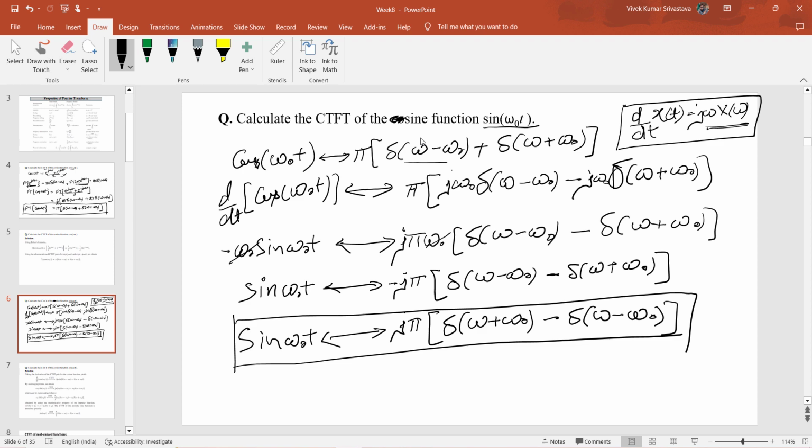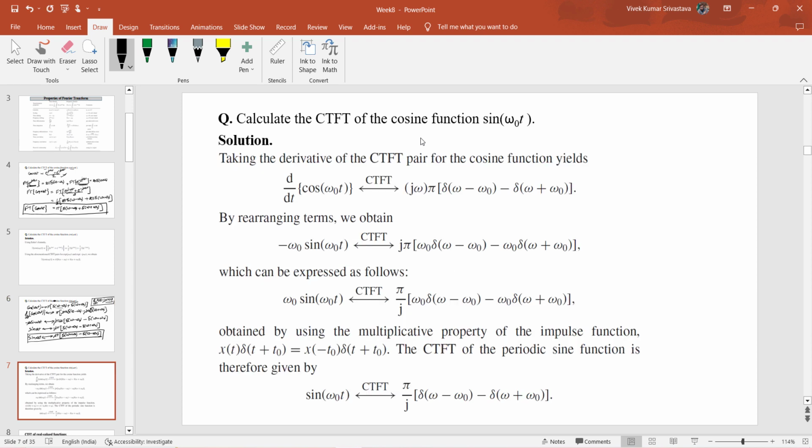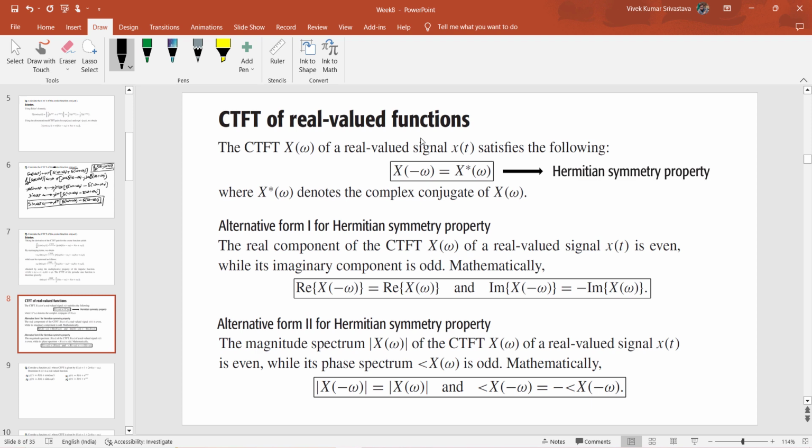Okay, so now moving ahead, the continuous time Fourier transform of a real valued function. Suppose a real valued function x of t, whose Fourier transform x of omega is given to you. For a real valued function, one of the most important properties is always satisfied, which is known as the Hermitian symmetric property.